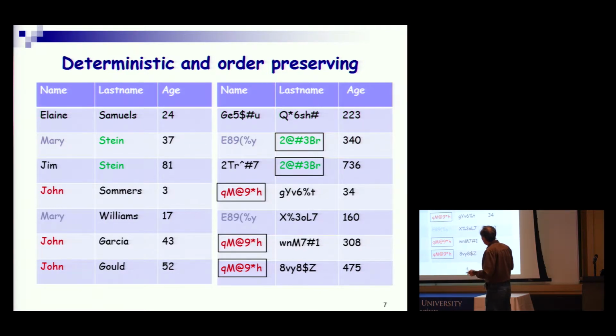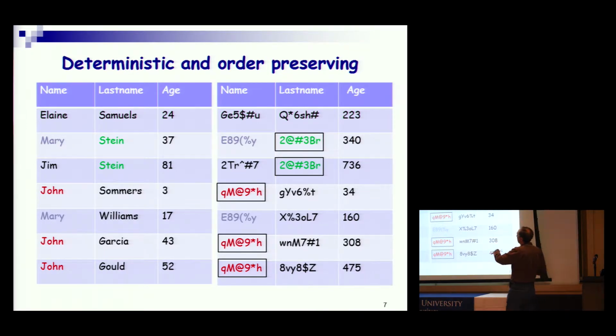But just to give you an idea, when you do deterministic encryption, so you have a column of name and last name, deterministic encryption means that if an entry in the database repeats, then also the ciphertext repeats. So for example, if you see the names and you know that John is the most common name, then you can at least guess that the most common ciphertext corresponds to the name John.